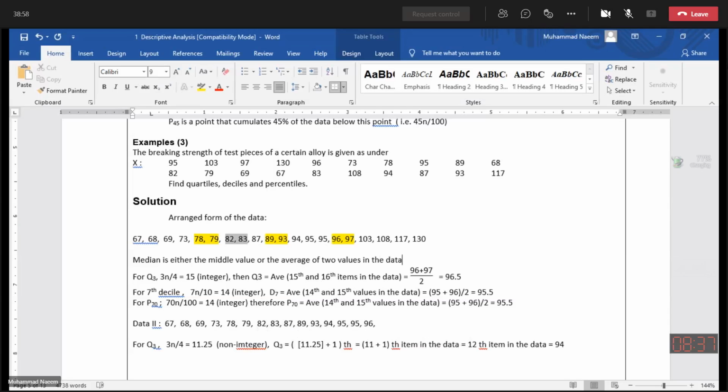So in this case, it is the average of 89 and 93 in this example.